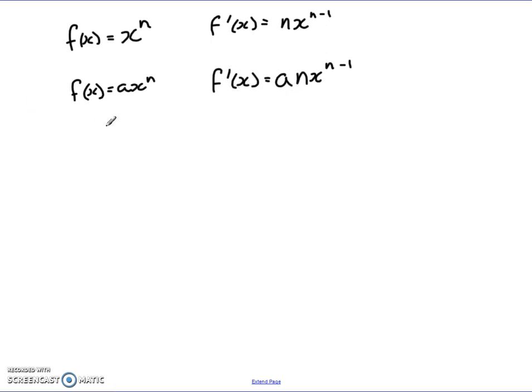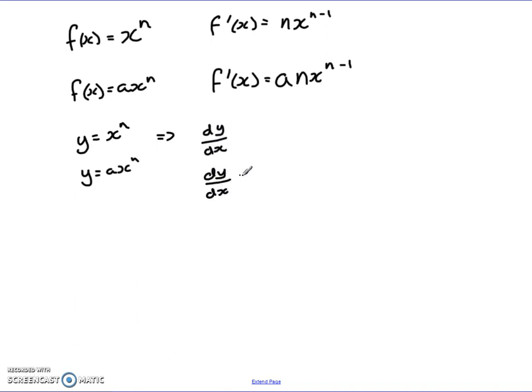Now 9 times out of 10, this is what we're going to do when we're noting it. However, we do also sometimes get it when it's written as y equals x to the n, or y equals ax to the n. When we're doing that, our derivative takes a slightly different form. It takes the form dy by dx.